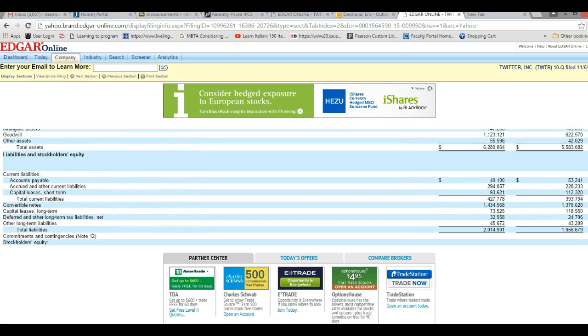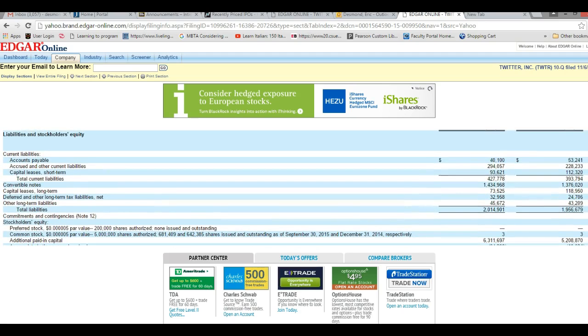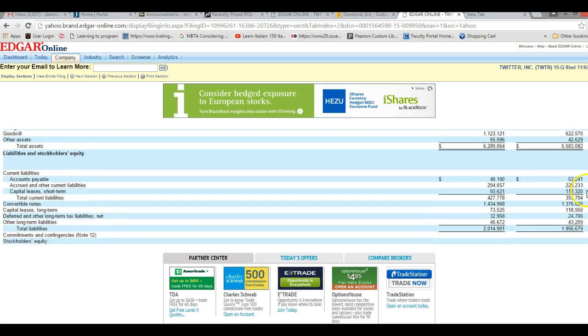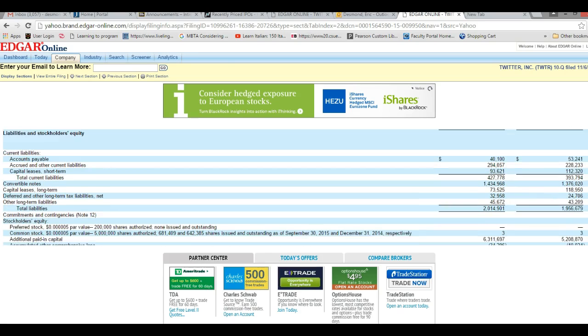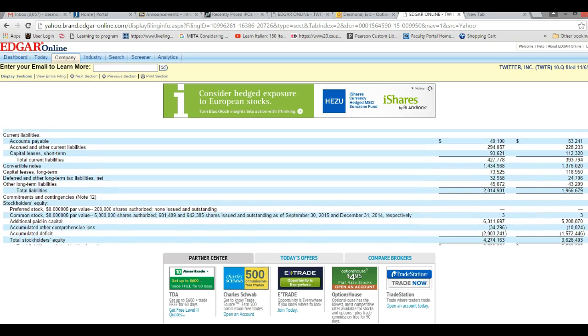Then we look at the liabilities, and nothing has changed too significantly. Everything is still, year over year, relatively decent.